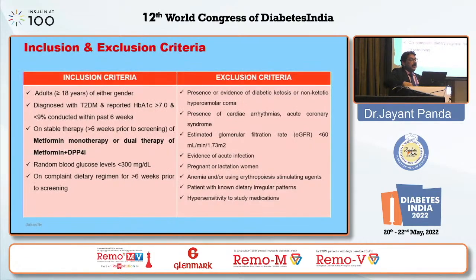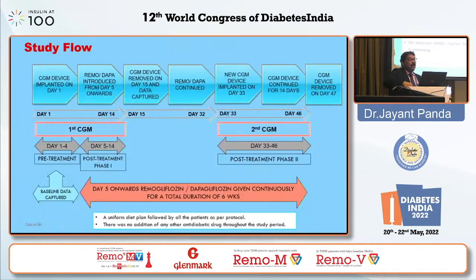This is the inclusion criteria: adults with A1C 7 to 9 on stable therapy, metformin monotherapy or dual therapy with a gliptin, random blood glucose less than 300, because above that we give insulin, and a compliant dietary regimen for more than 6 weeks prior to screening. The usual factors like arrhythmias, GFR coming down, and acute infection were all ruled out.